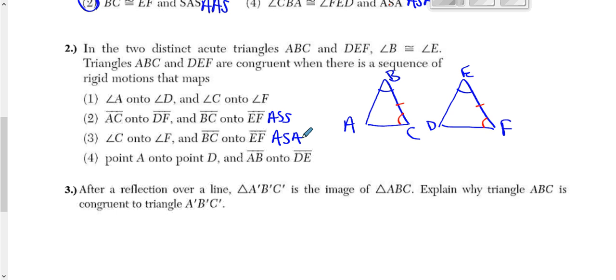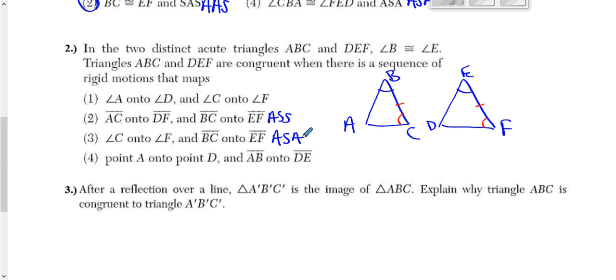A to D and AB onto DE. Wouldn't that, oh, what now? This is point A. This is part of the diabolicalness of these written exam writers. I don't really like them. It says point A onto point D. But when we're talking about mapping figures onto figures and the corresponding parts mapping, what are the parts we're talking about?